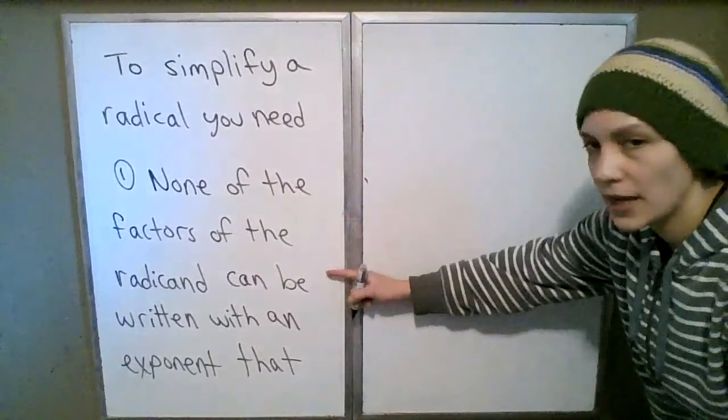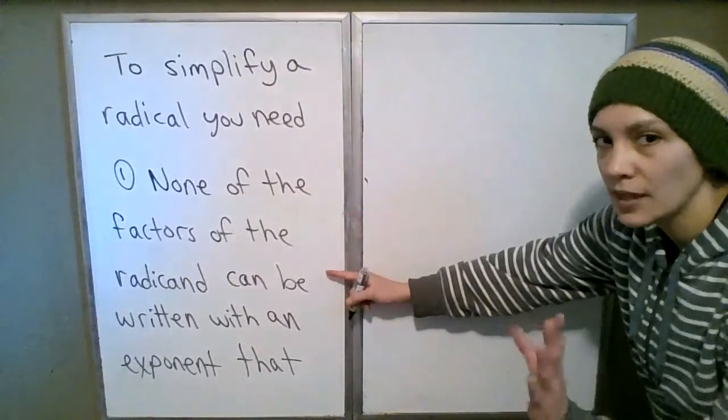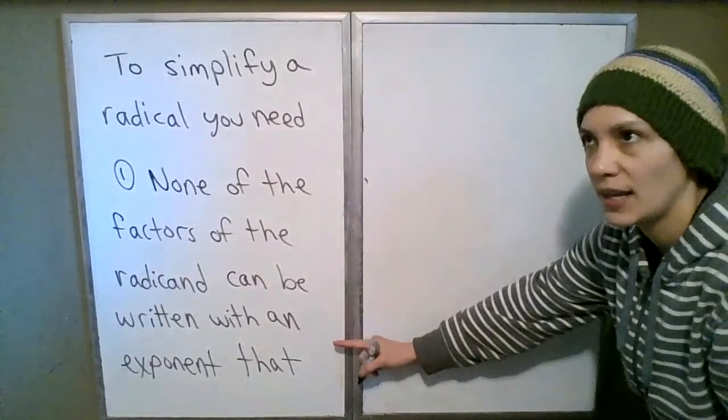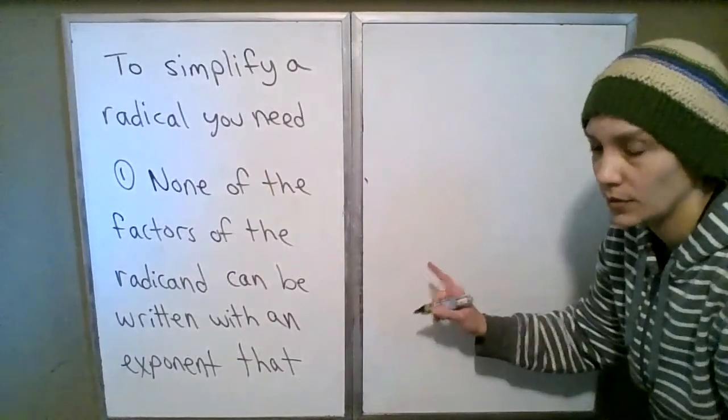None of the factors of the radicand. The radicand is everything under the root symbol. Can be written with an exponent that is greater than or equal to the root.